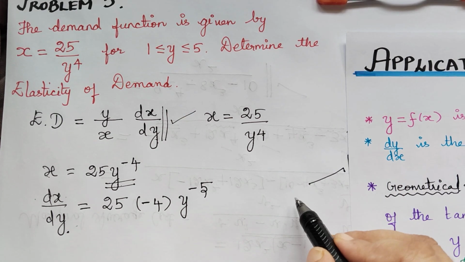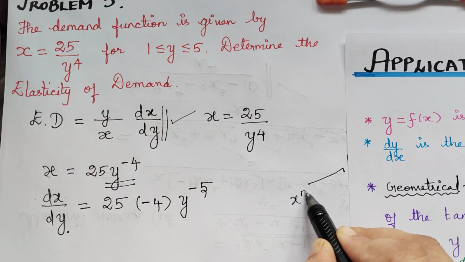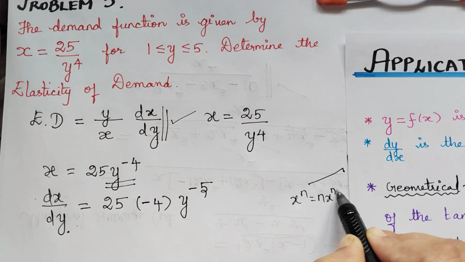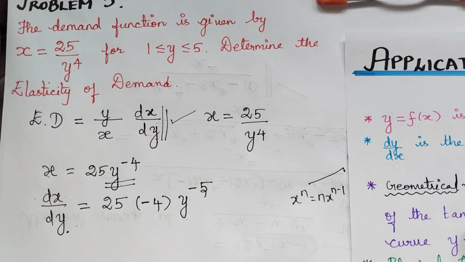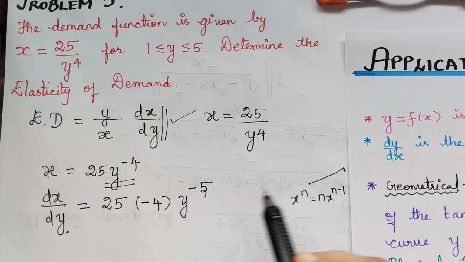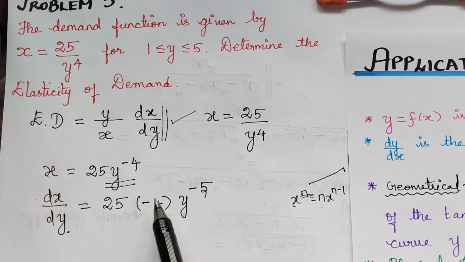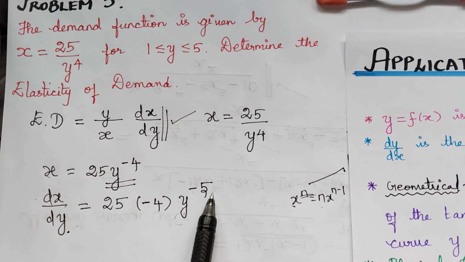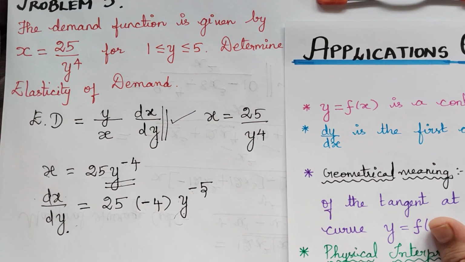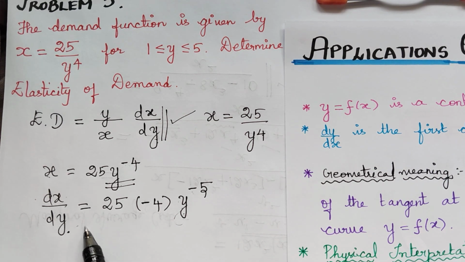We are using the formula: differentiation of x power n is n x to the power n minus 1. Here the value of n is minus 4, and instead of x we have y. So it becomes minus 4 multiplied with y to the power minus 4 minus 1, which is minus 5. So we have obtained dx by dy.